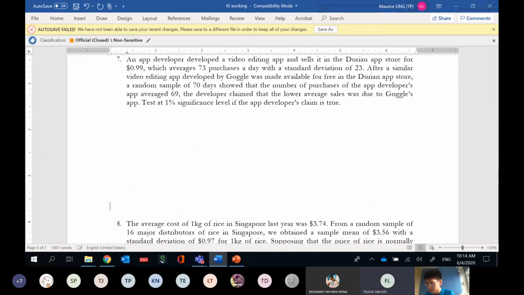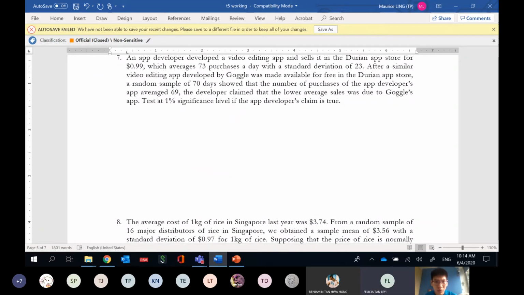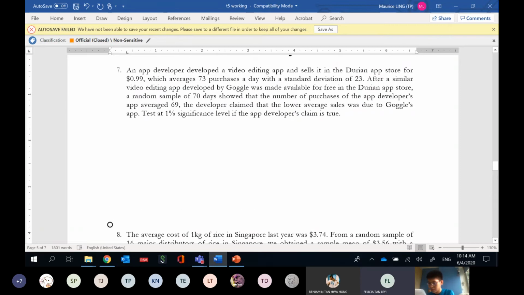The null hypothesis is the average equals 73 and the alternate is lesser than 73. So what's the alpha value? 0.01. Do you use a z-test or t-test?